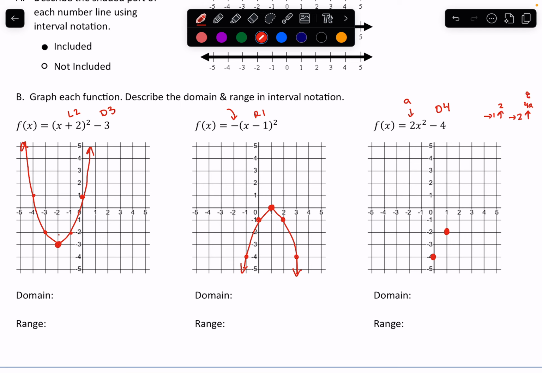So I'm going to go over 1, 2, and up 1, 2, 3, 4, 5, 6, 7, 8. And I'm going to do the same thing to the left. Left 1, up 2, left 2, up 8. So this parabola is a lot skinnier than those other parabolas because that a value is bigger than 1.